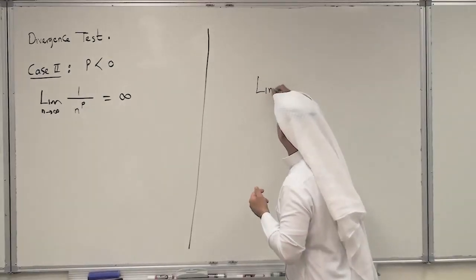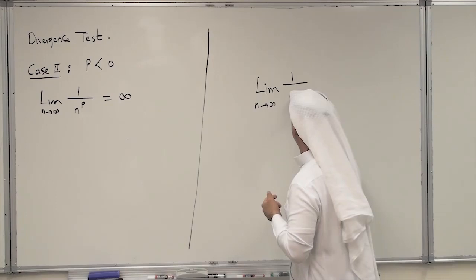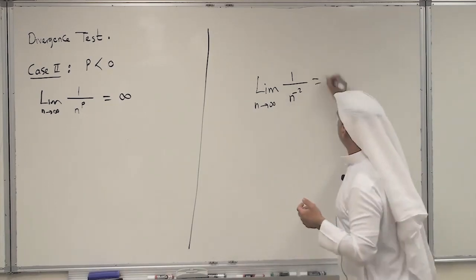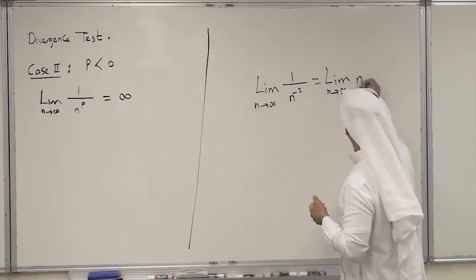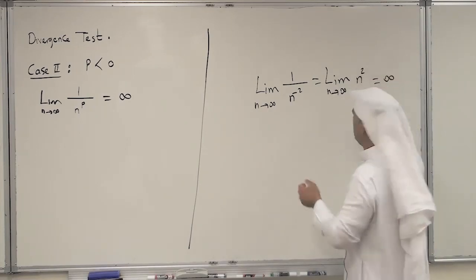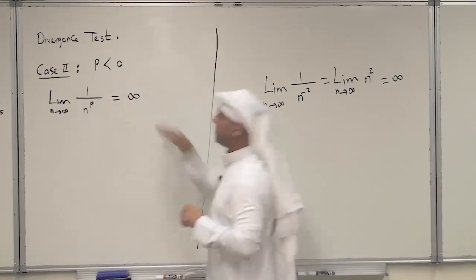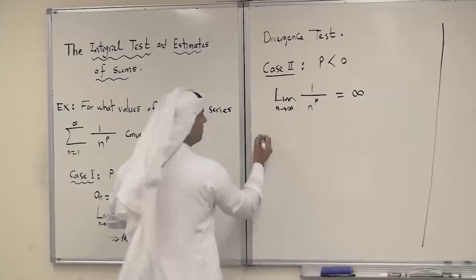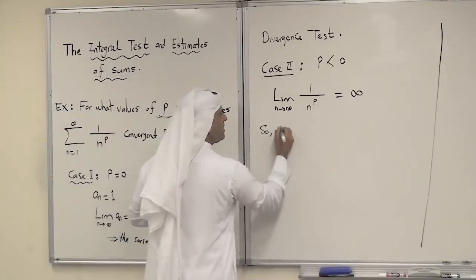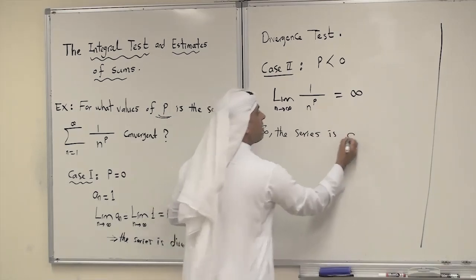Okay? Just take a simple example. If p is negative, take for example 1 over n to the power minus 2. When you take it in the numerator, that will be the limit as n goes to infinity of n squared, and clearly this will be infinity. In general, if p is negative, the limit will go to infinity. So what is the conclusion? The series in this case is divergent.